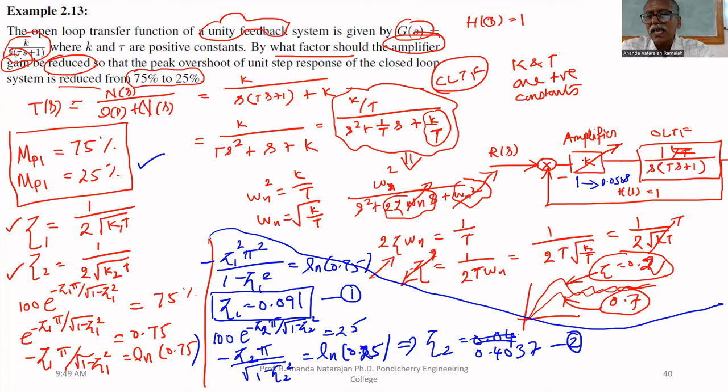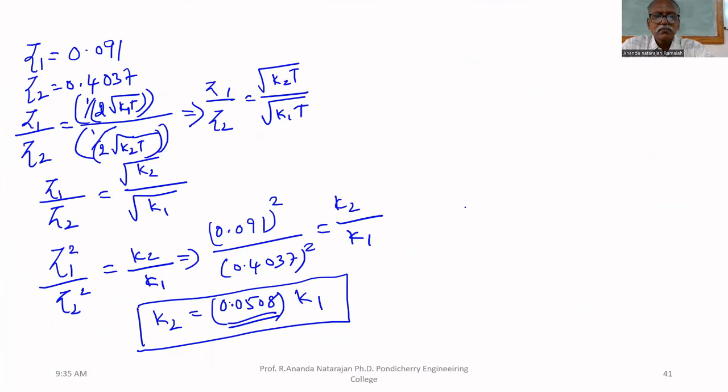At that time, this K will play an important role. If we increase K, the oscillation will increase. Zeta decreases from 0.7, 0.3, 0.2, 0.1, like that.